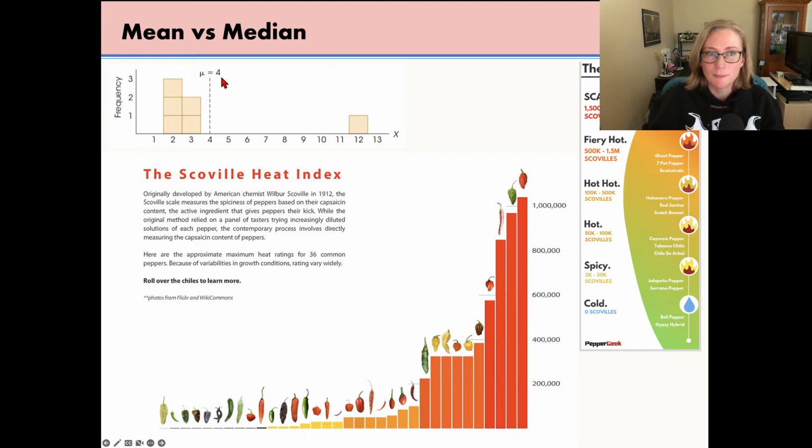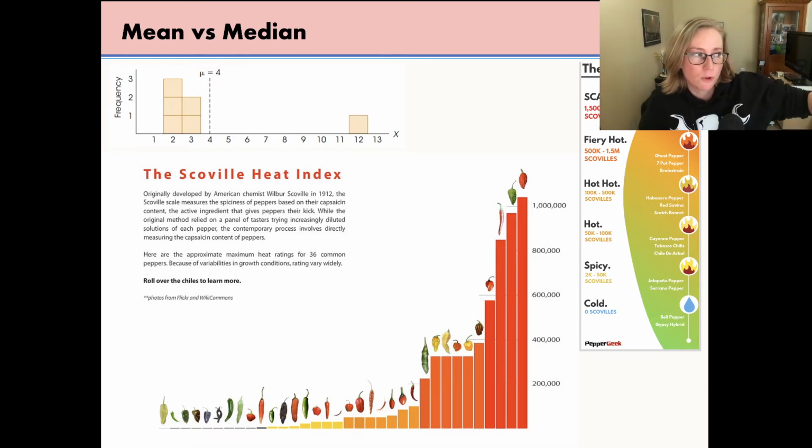So the mean is always going to get pulled to the side of the tail. If we have a skewed distribution, the mean will be pulled to the side of the tail because the mean is much more sensitive to changes, a single change in the score of a distribution. And especially if it's going to be an extreme score, that's going to pull the mean all the way out to that extreme score.